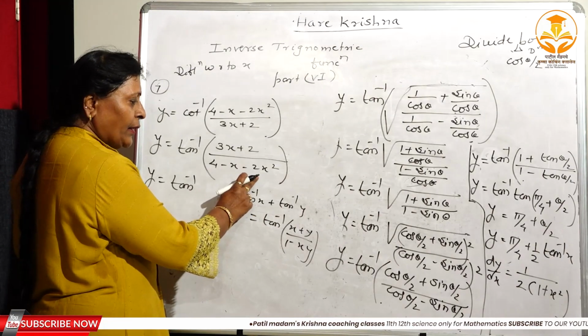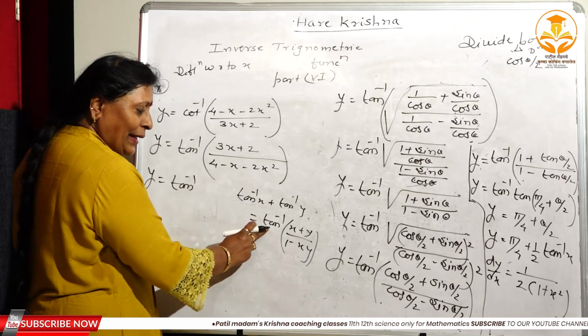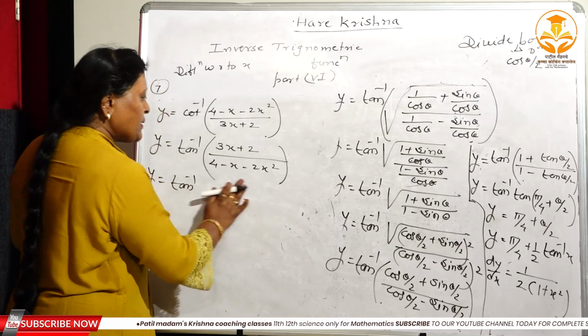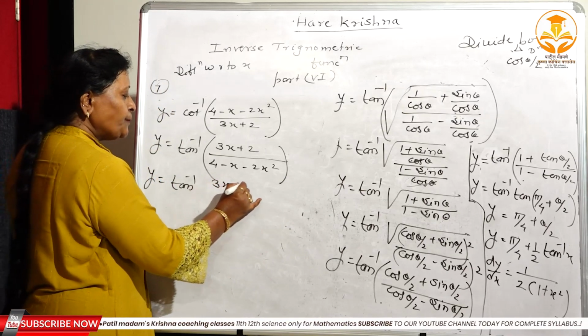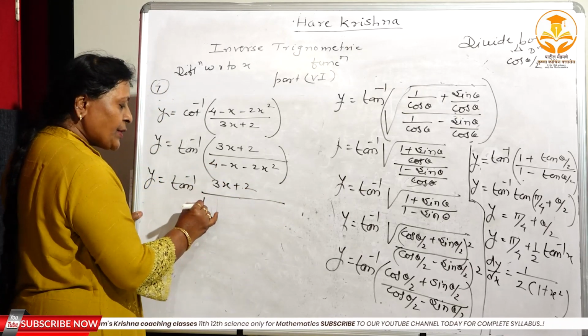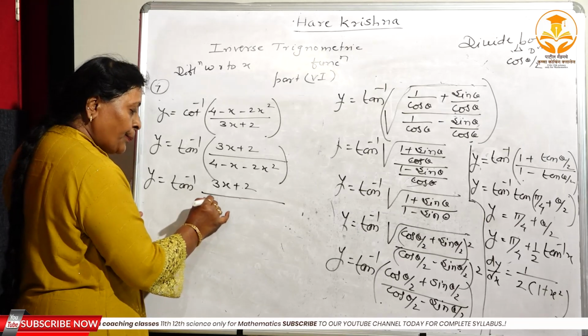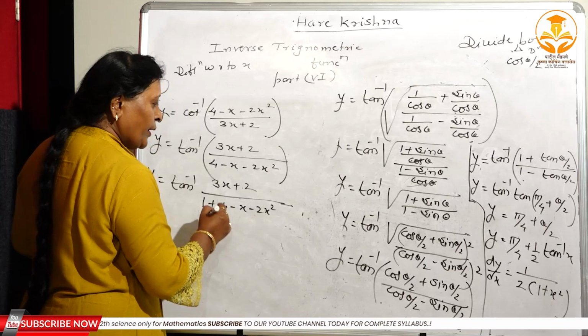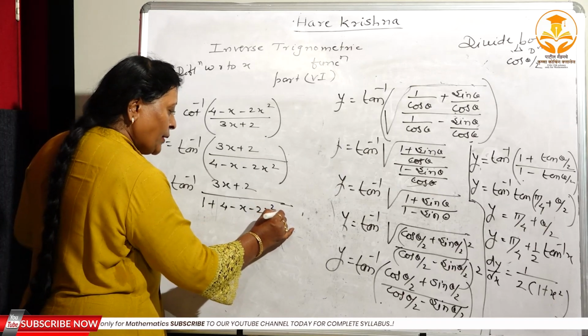Since this is a quadratic, you can find the factor, but in this formula 1 should be strictly there. Therefore first you have to write here 3x plus 2. Here 1 should be strictly there. Therefore 1 plus 4 minus x minus 2x square, and here that is equal to minus 1, isn't it?